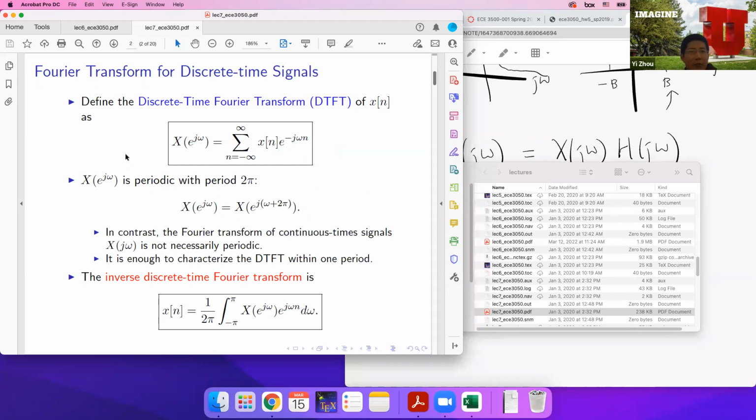So the discrete time Fourier transform is kind of like a discretized version of the continuous time Fourier transform, where since the signal is now discrete, we have x[n] instead of x(t). And because n is discrete, we have summation over n instead of integration over t. So this is the only difference. Otherwise, they look the same. They have the same structure. And e to the power of negative j omega n.